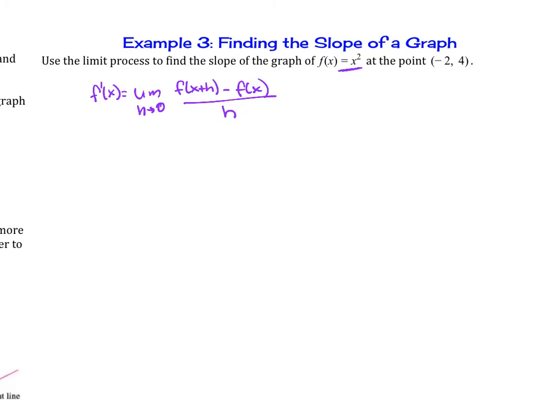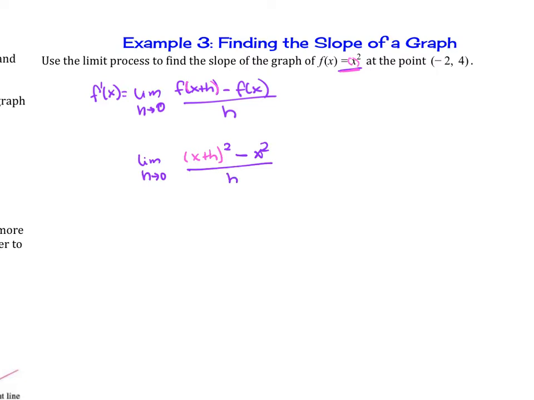This one is just x squared, so that should be pretty fast. So the limit as h approaches 0, and we're going to plug in x plus h where we see the x. So this is going to be x plus h squared, and then minus f of x, which is just x squared, all over h.